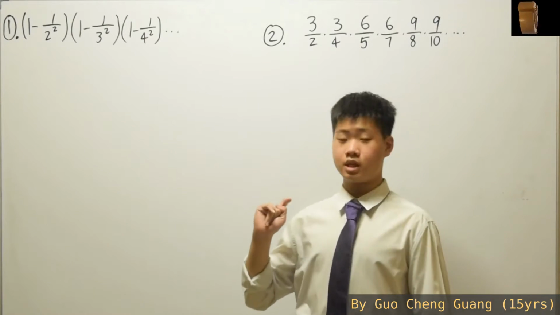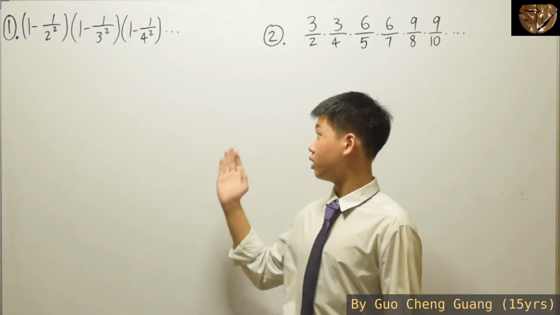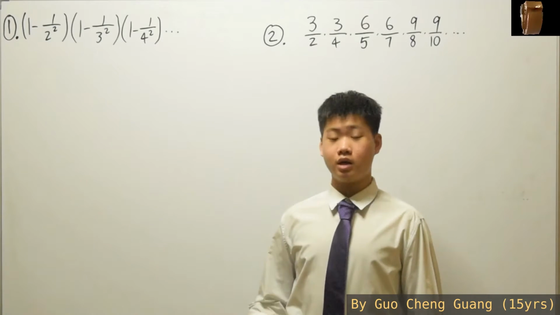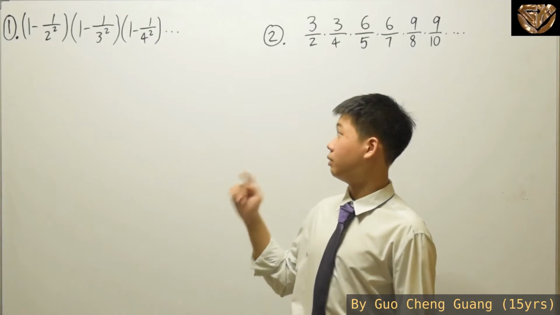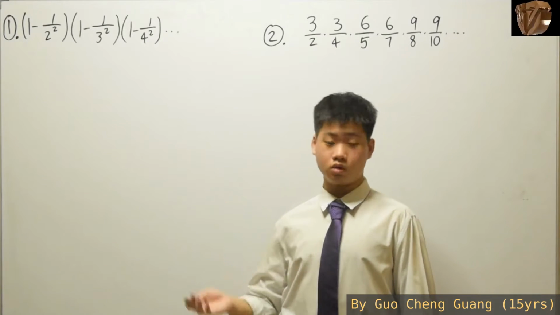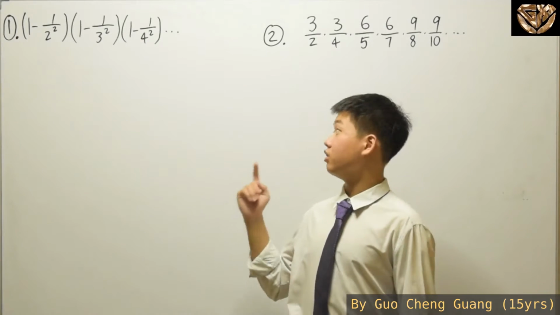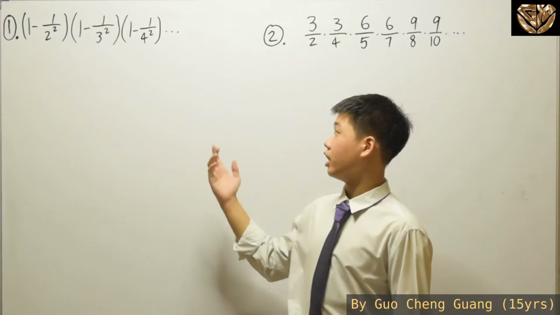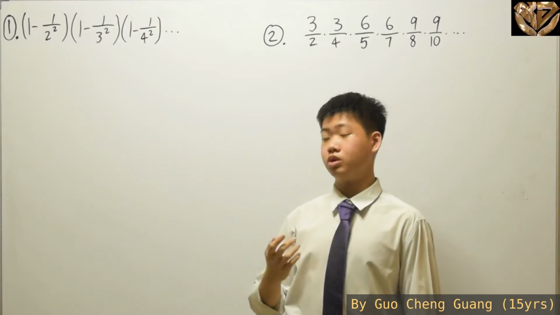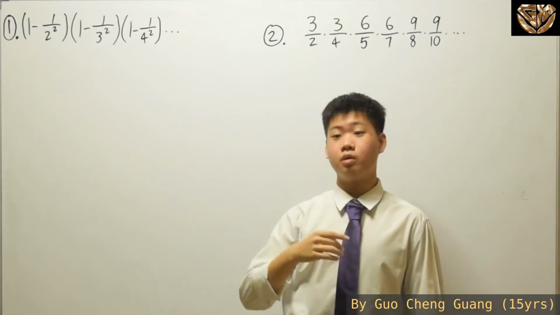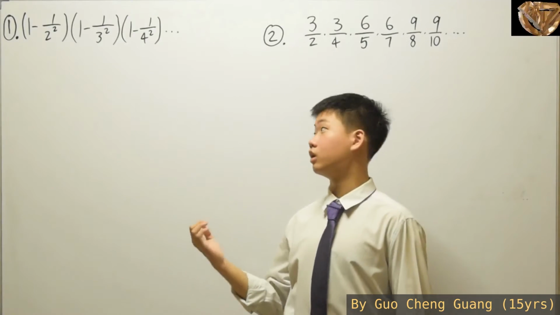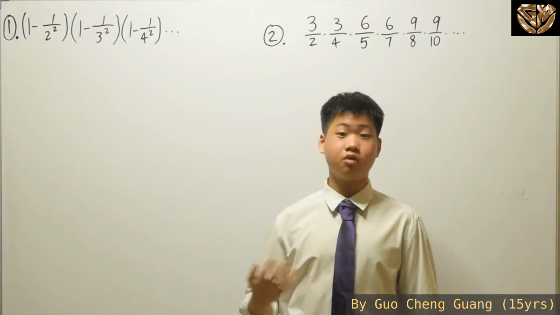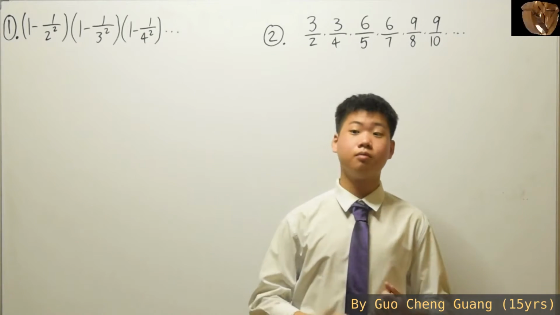Starting with the first example, you'll see 1 minus 1 over 2 squared multiplied by 1 minus 1 over 3 squared multiplied by 1 minus 1 over 4 squared, and so on. If you don't know how this works, you can change it into a limit form: limit as n approaches infinity, where the last term will be 1 minus 1 over n squared. But if you already know that, you can skip that.